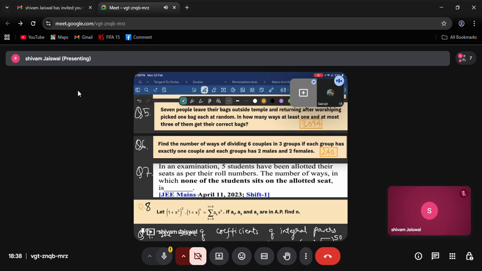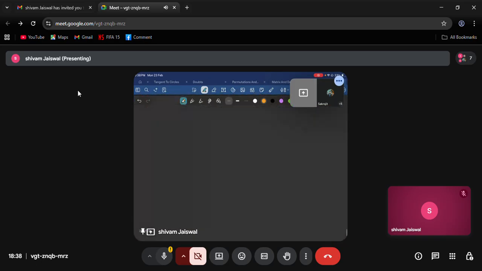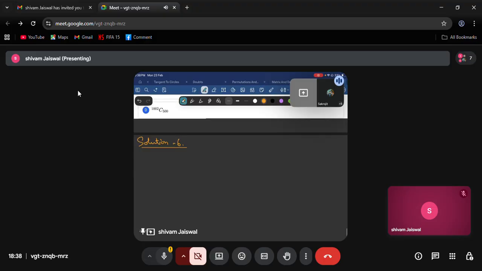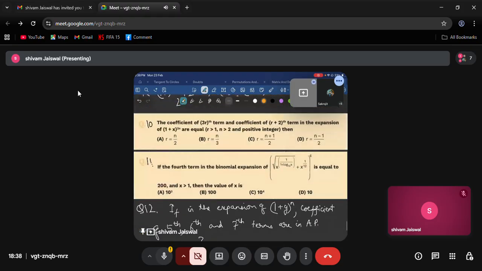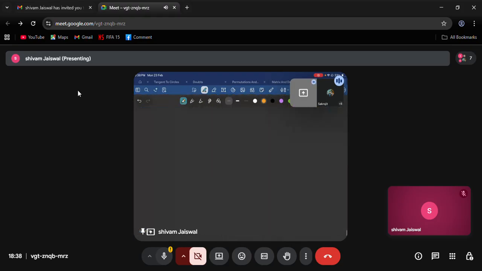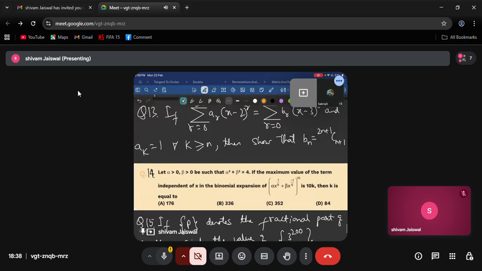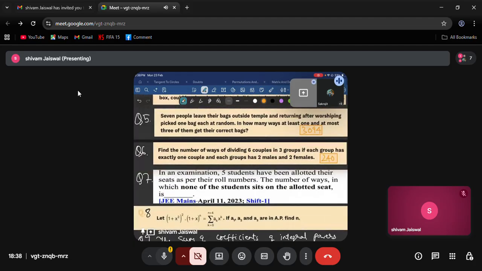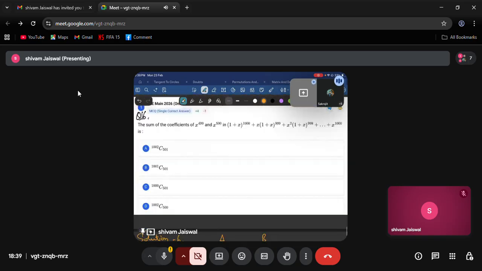Let us mark the groups A and B. First of all, there is exactly one couple in each group. Find the number of ways in which six couples can be divided into three groups.